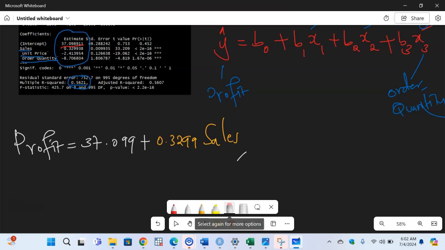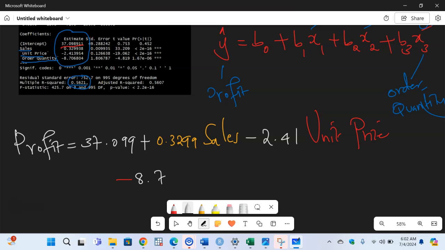So minus 2.41 of unit price, then minus 8.771 of order quantity.